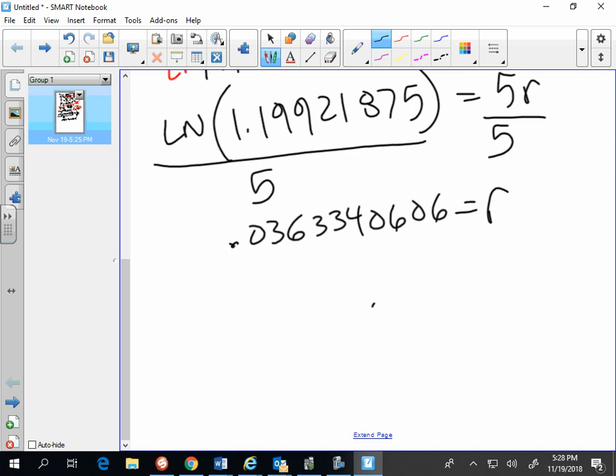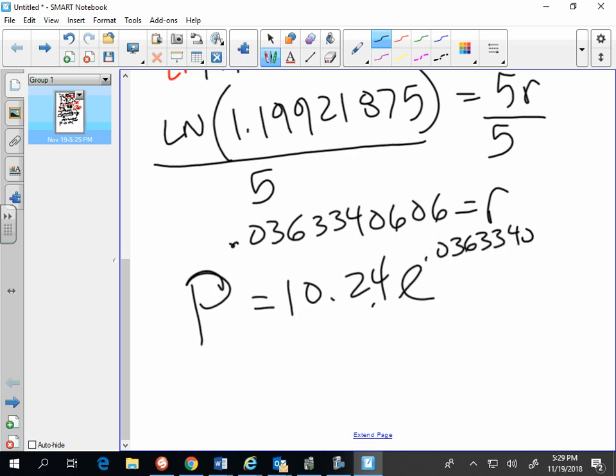So my Tianjin population model looks like P equals 10.24 e to the 0.03633400606t. Okay, now we've got this model. I think I'm ready to answer any questions.